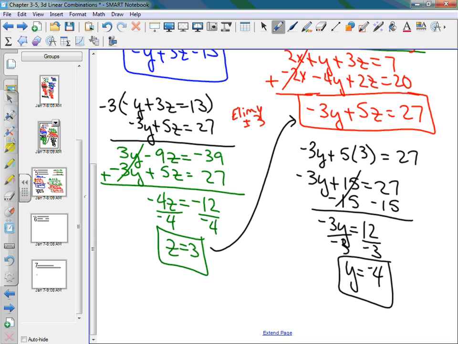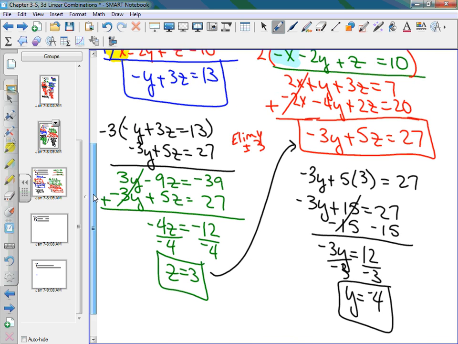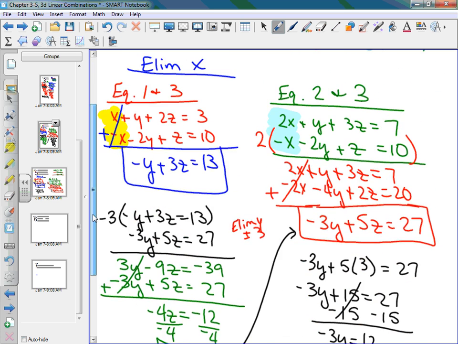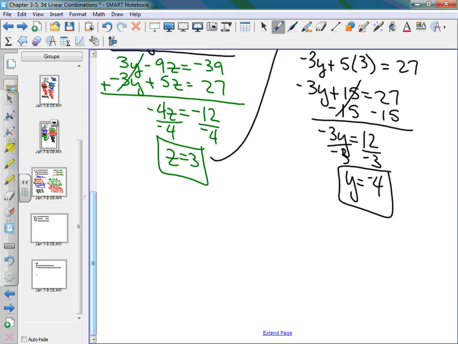So now I got to plug them both in. And where am I going to plug both of those in at? I'm going to go back to the original problem and to one of them. Which one do you want to use? I'm going to use the top one just because it's the easiest. X plus y plus 2z is equal to 3. Was that equal to 3, guys? Yeah. And I plug in my z and my y.